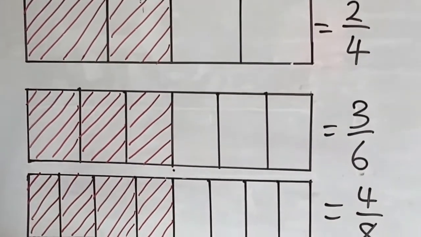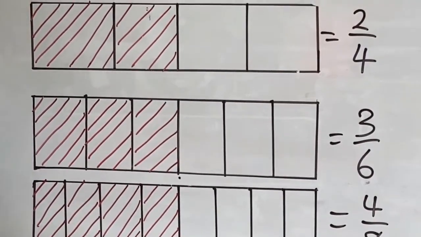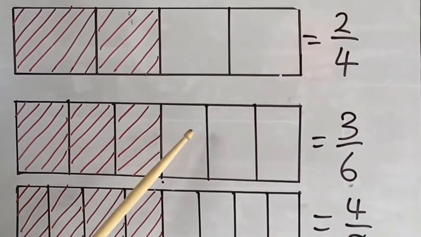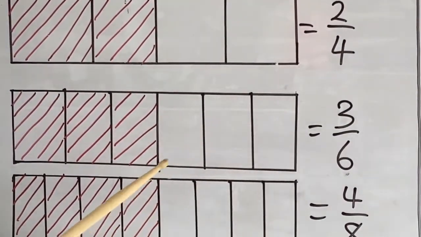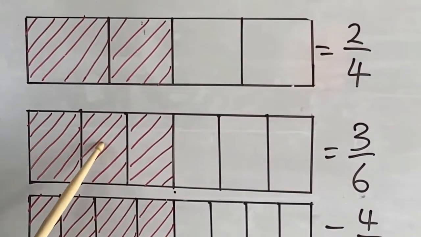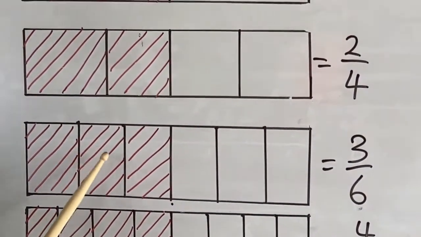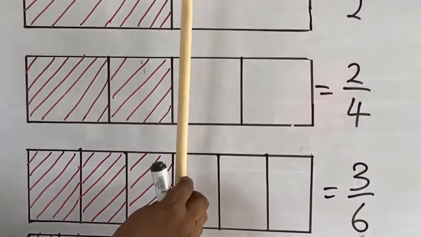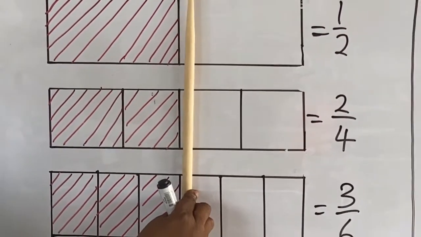This has also been partitioned into 6 equal parts. 1, 2, 3, 4, 5, 6. 3 parts have been shaded. 1, 2, 3, meaning we have 3 out of 6 parts shaded. But let's compare the 3 diagrams.